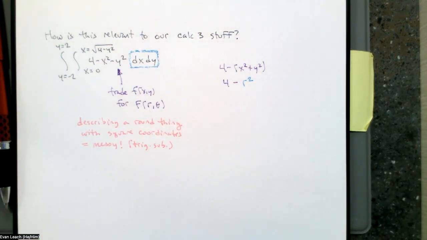The problem is this: dx and dy are both distances. dx is a small piece of x, which is just a small piece of a distance. dy is a small piece of y, which is a small piece of distance. The problem that we run into on this end is that r is a distance, so dr is a distance, but d theta is not a distance. It's a small change in an angle. It doesn't have units. It's got radians, just not units.